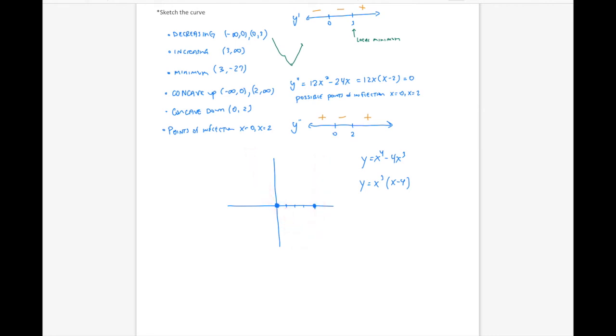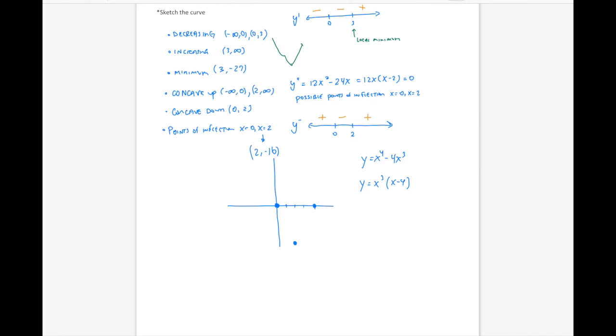Points of inflection are at 0. We know that point. And x equals 2. If we plug in x equals 2, we're going to have 16 subtract 4 times 8. 4 times 8 is 32. 16 minus 32. We're going to have a point of inflection at 2, negative 16. Put that down here.